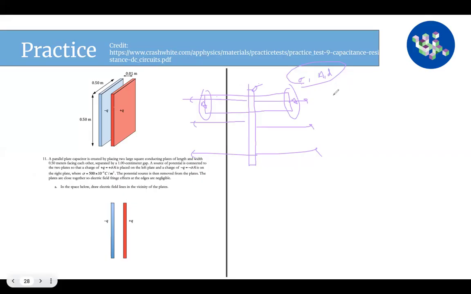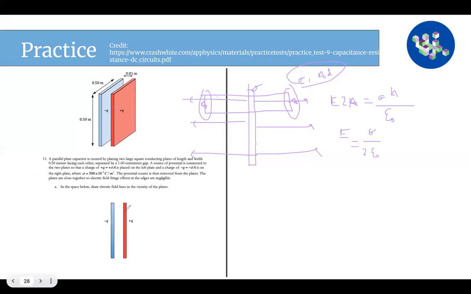So I know that E times 2A equals the charge enclosed, sigma A, divided by epsilon zero. So E is equal to sigma over 2 epsilon zero. And notice there's no dependence on the distance from the plate.